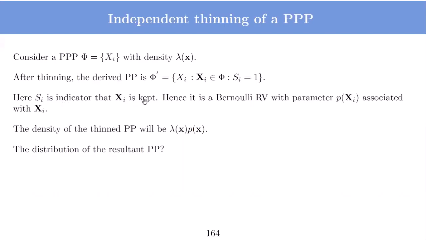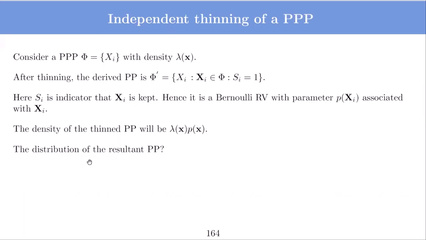And if the retaining probability is p(x), then this is a Bernoulli random variable with parameter p(X_i) associated with X_i. So if the location of the ith point is X_i, we will have a probability p(X_i), and we will retain it. So S_i will be 1 with this probability and 0 with 1 minus p(X_i). And if it is 1, we will keep that point in the derived point process. So the density of the thinned PP will be lambda(x) p(x) that we have already calculated.